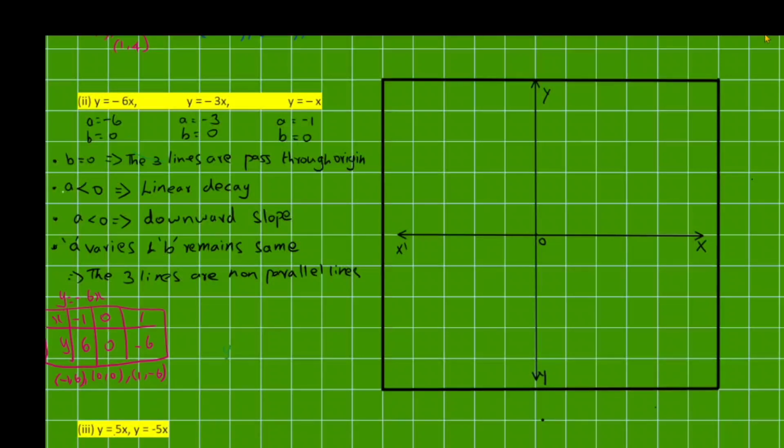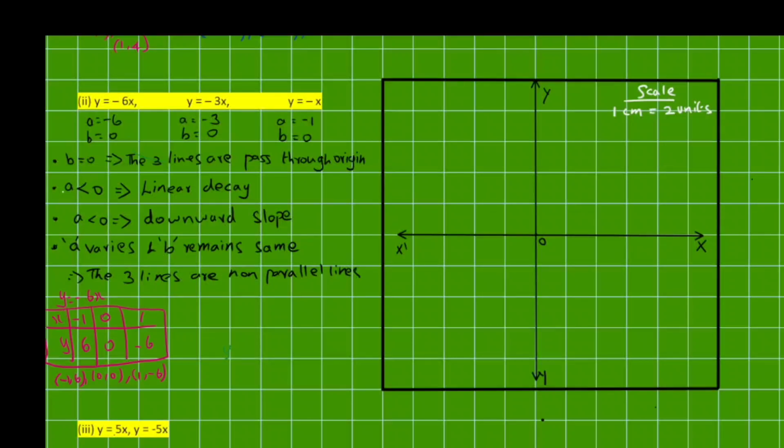Let's plot the points. Look here, the maximum y coordinate is 6. The x coordinate is 1, so no issue, but we can take the scale differently here. If I take 1, 2, 3, the space is not enough, so my scale on both the x-axis and y-axis is 1 centimeter equal to 2 units.